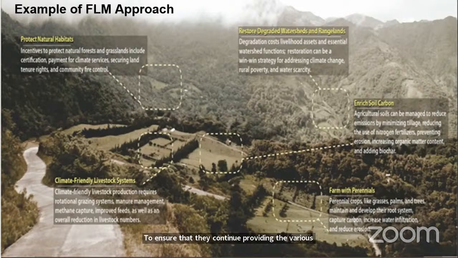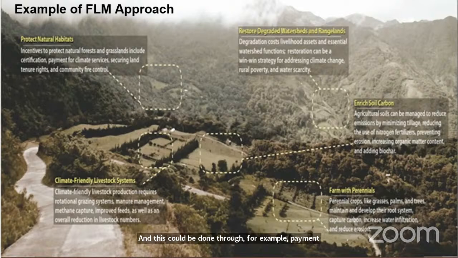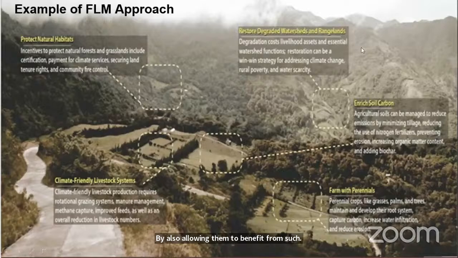This could be done through payment for climate services, securing land tenure rights, and community forest control, giving incentives to communities to conserve what they have by also allowing them to benefit from such services from these areas.